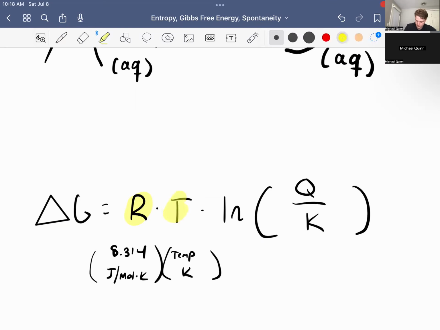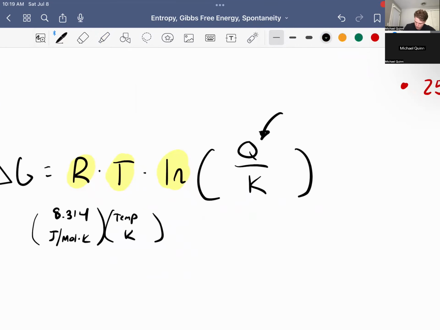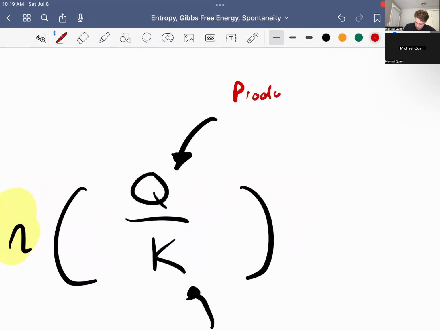Natural log will simply be put into our calculator, and Q and K are both products over reactants.